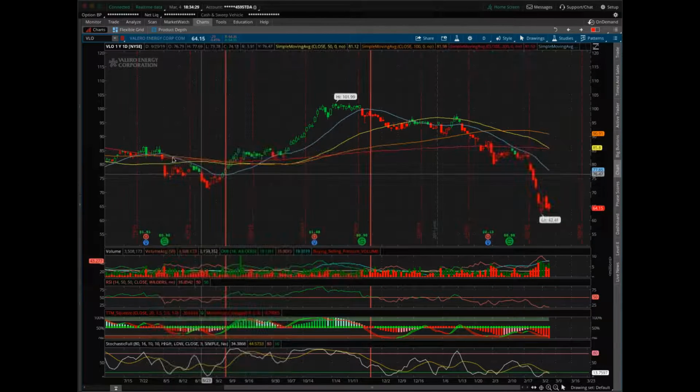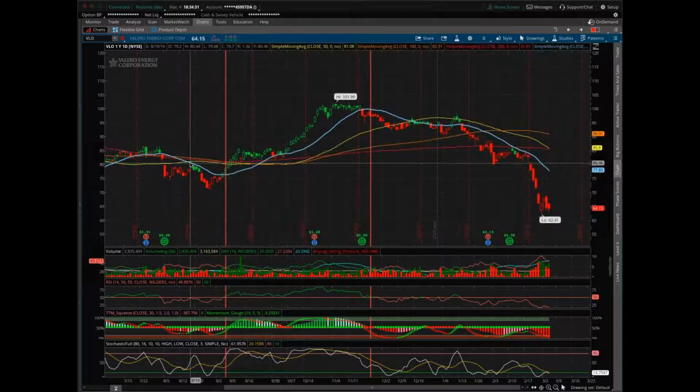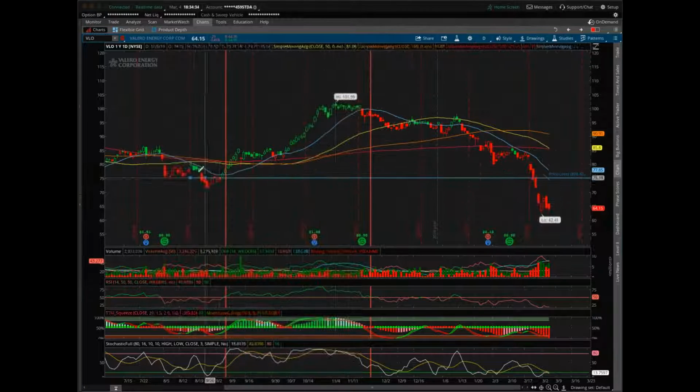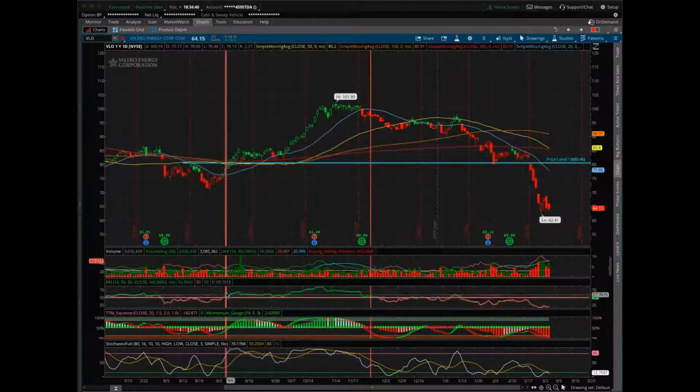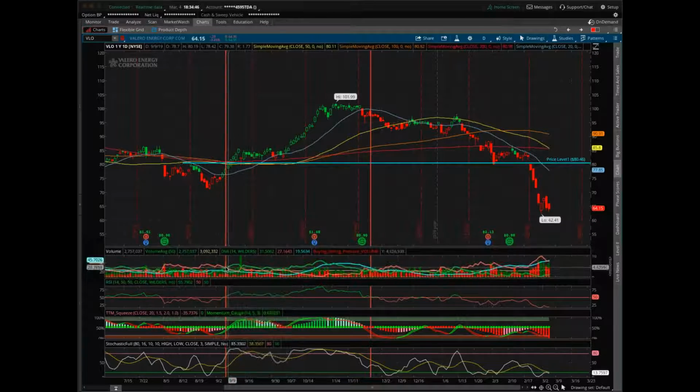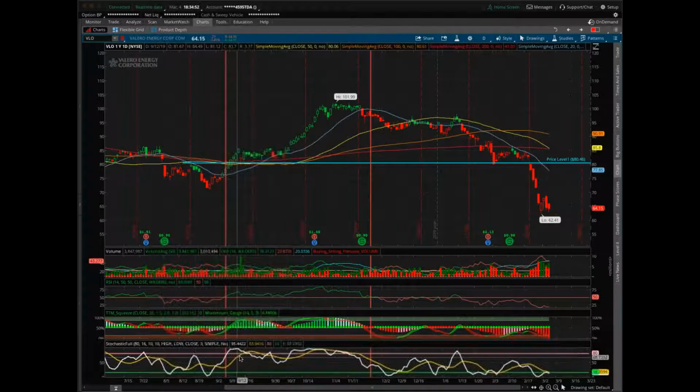So right here, after we broke this high here, that was a good indication that we're going higher. But our indicators also told us right before it broke that high that buy volume was coming in: DMI green crossover, RSI crossover, momentum's crossing over, and stochastics were crossing over.